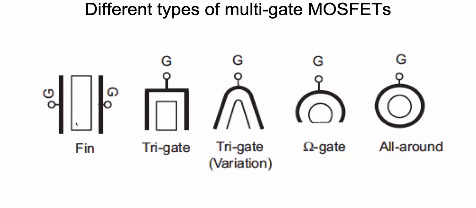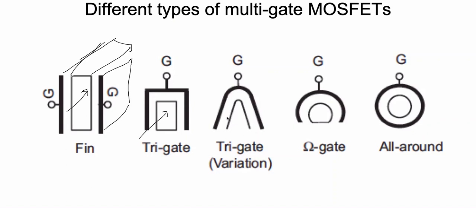So what is in the future of devices? We do the fin. Think of this as the fin, and the gate is like this, and the conduction is in this direction. This is tri-gate, when we have the fin and the gate is on top.